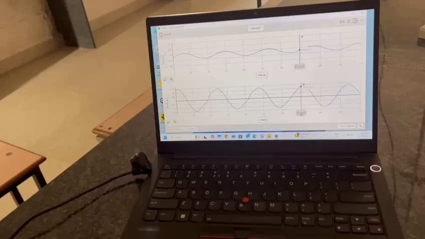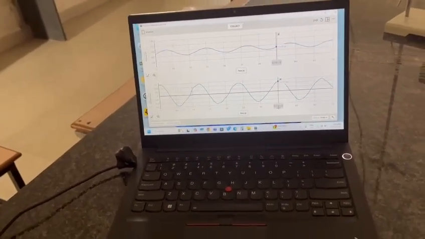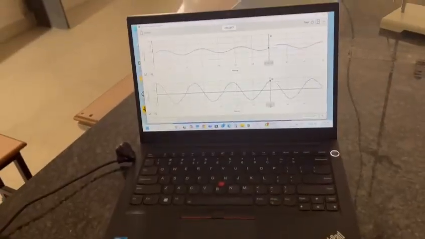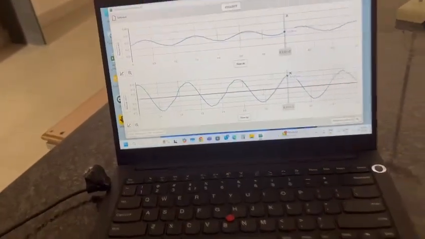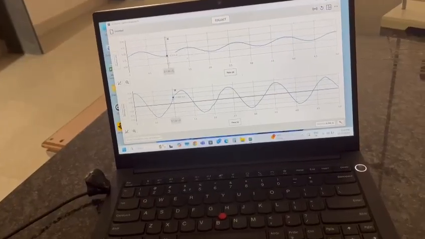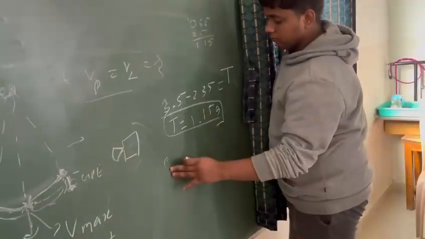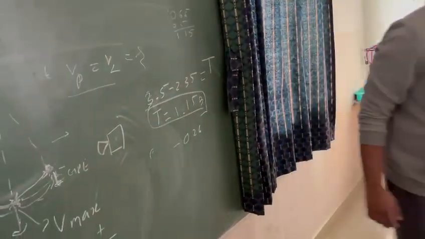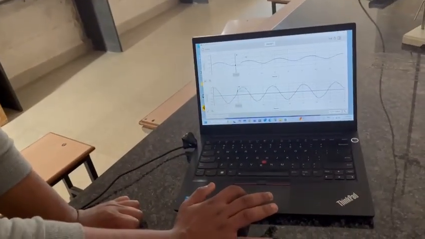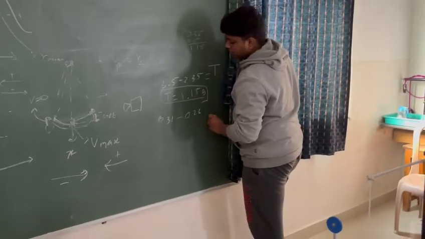Going back to what the amplitude will be. So again, the amplitude is half of the maximum minus the minimum displacement. So we can see that the minimum displacement is at this position, and it is 0.259 meters, and the maximum displacement is at this point, and it is 0.31 meters.